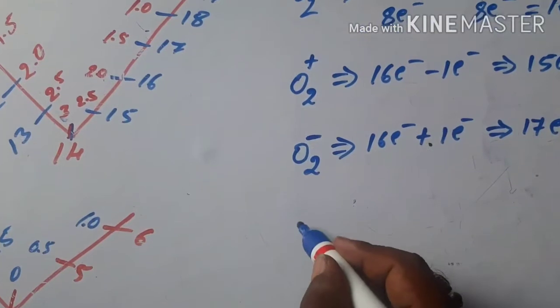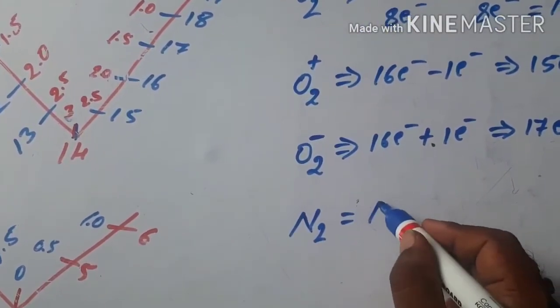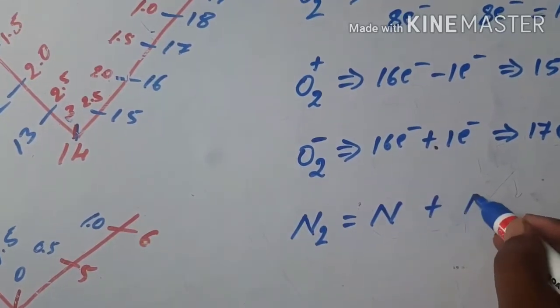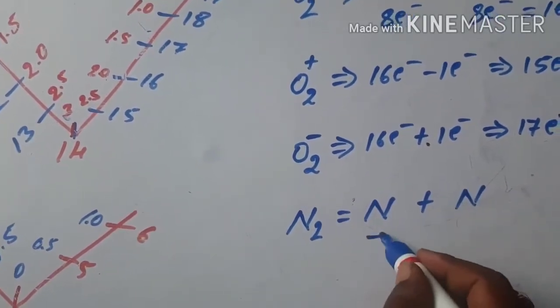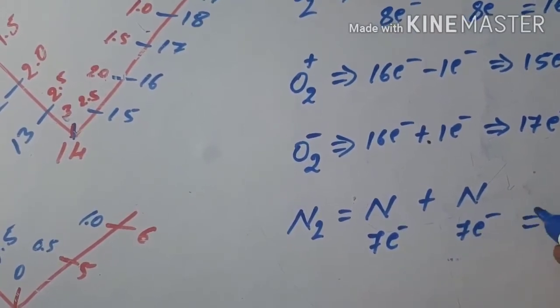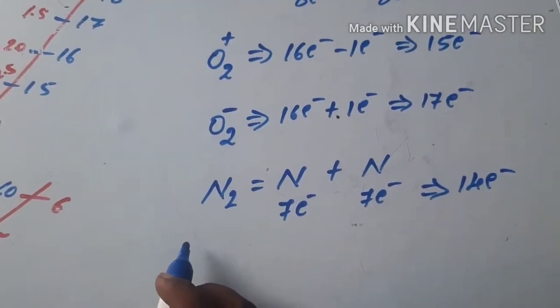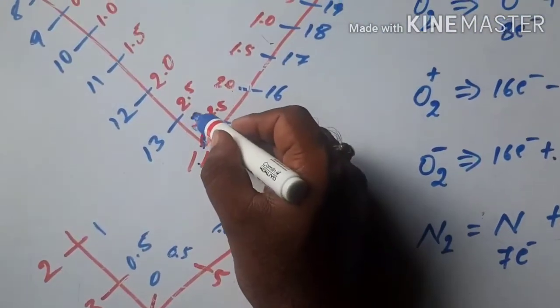In the same way, the nitrogen molecule is obtained from the combination of two nitrogen atoms. Each nitrogen contains 7 electrons, therefore the total electrons is 14. For 14, the bond order is 3.